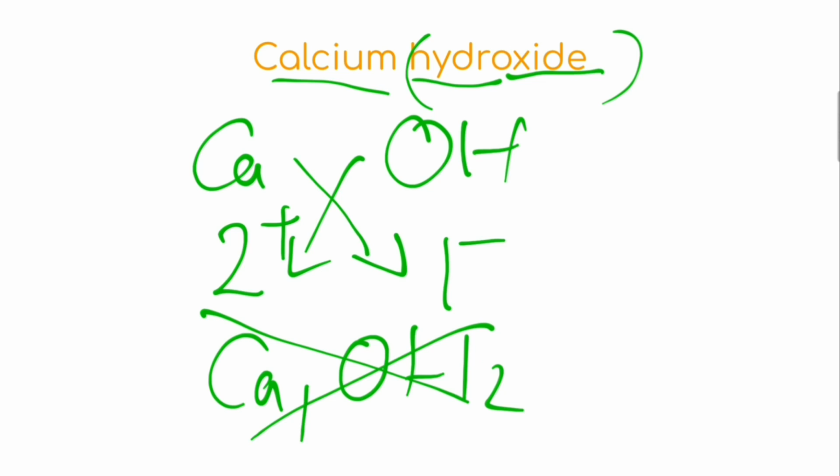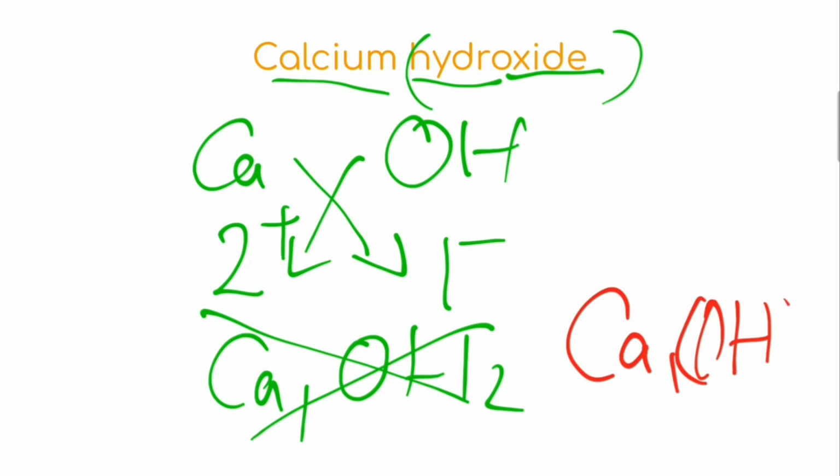Can we write it like this? No, this is completely wrong. You have to write it like this. Ca1. You can also write 1, but we don't write it usually because 1 is completely unwanted. And OH, we have to put OH in bracket because it is a polyatomic ion. We can't write it like this. This is completely wrong. You have to write it like this. OH2.